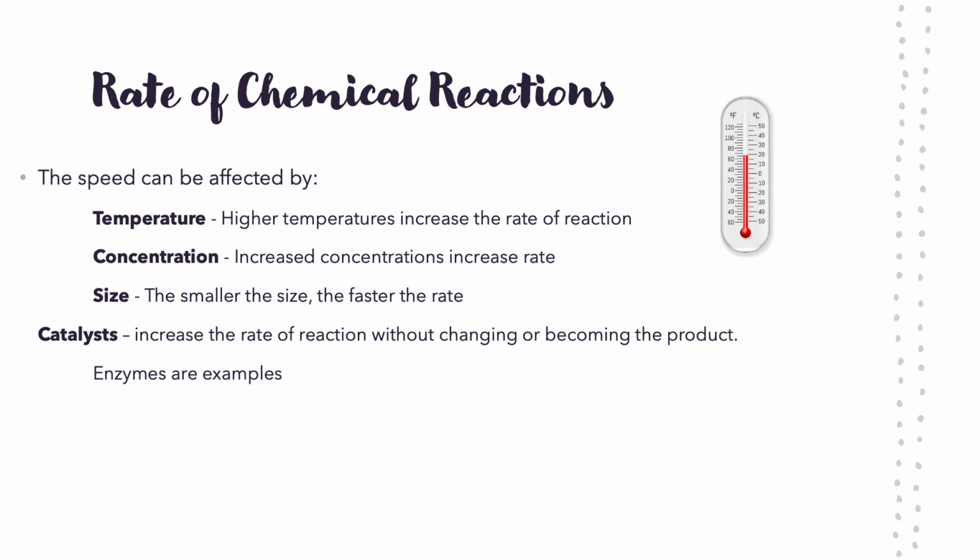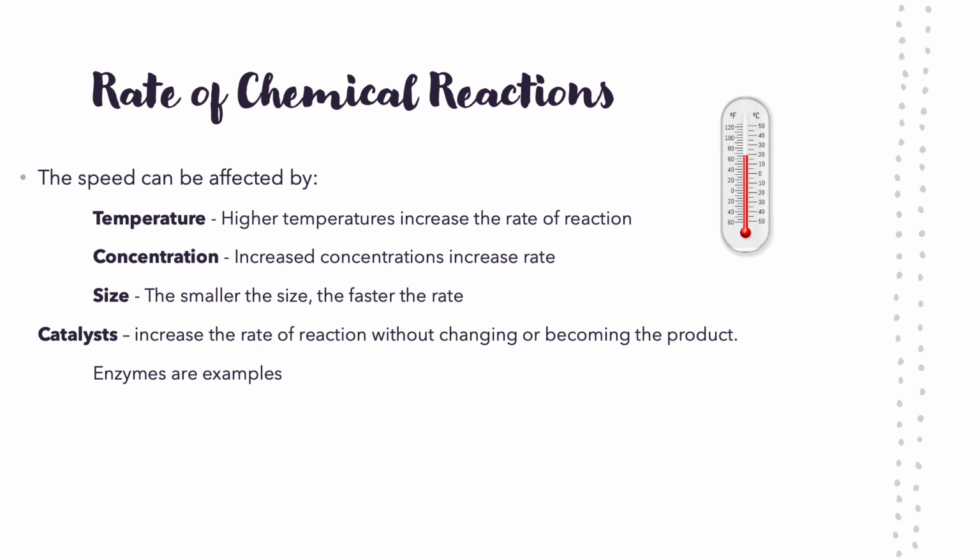So higher temperatures will increase the rate of these chemical reactions. So concentration, increased concentration can also increase rate. What do I mean concentration? So if you have more of something, then that means that the rate of the reaction will also increase. And the size, the smaller the size, the faster the rate, right?